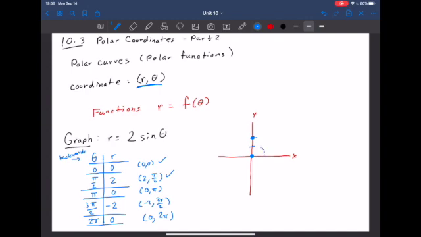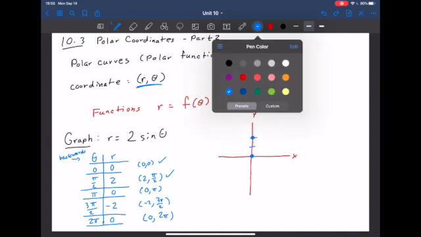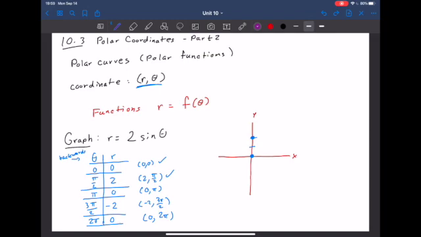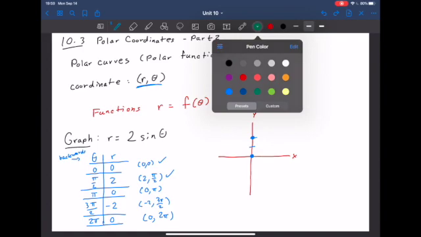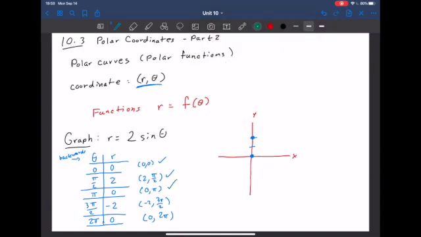So rotate pi, but don't go anywhere. I guess I'll switch colors temporarily. We're talking about here the same polar point. It's literally at the pole.